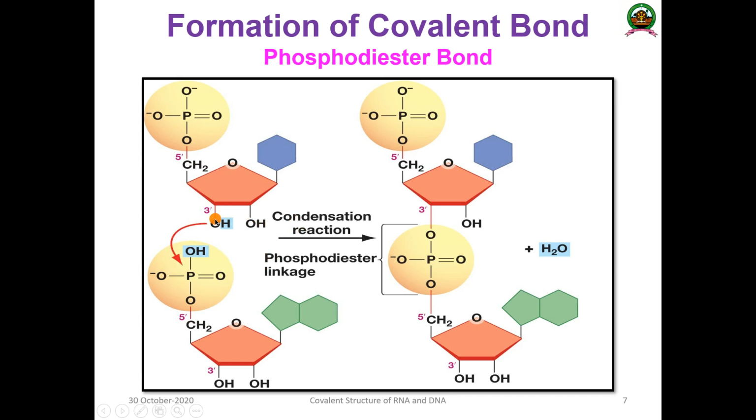Then this O comes here and is commonly shared with this phosphate. Okay, so this is known as a phosphodiester linkage. This is the first phosphodiester linkage produced.